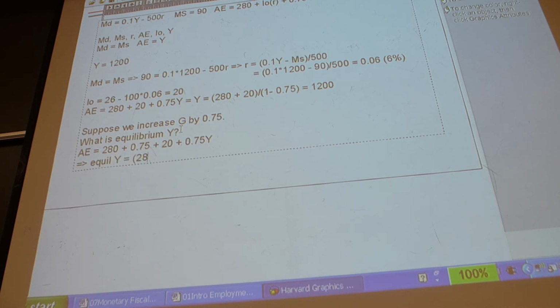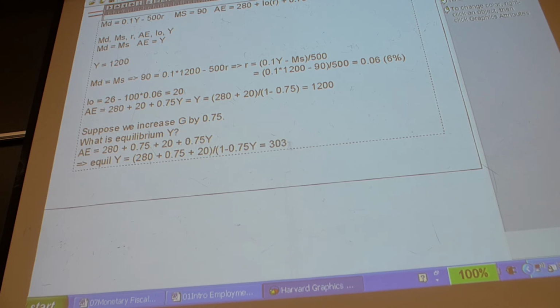It is (280 plus 0.75 plus 20) divided by (1 minus 0.75), which of course is going to be 303.